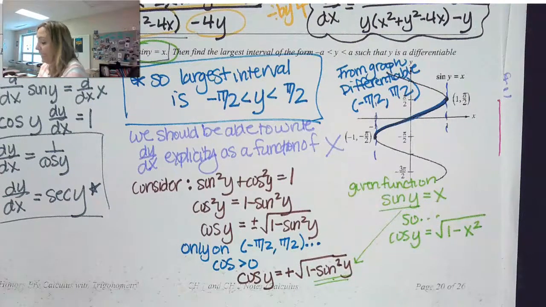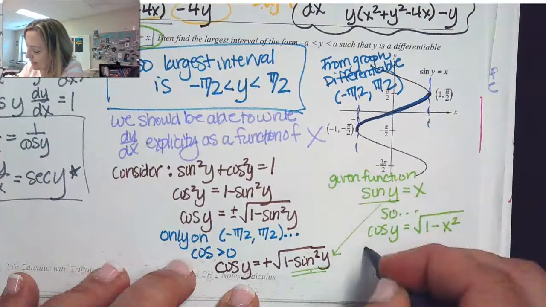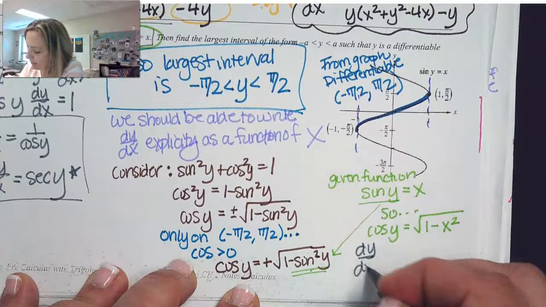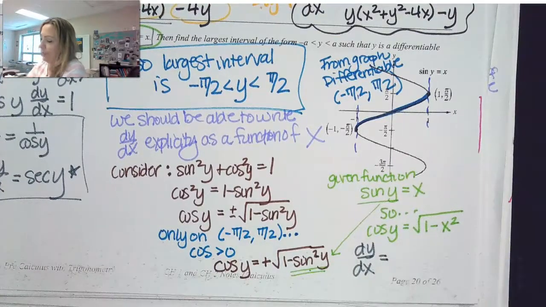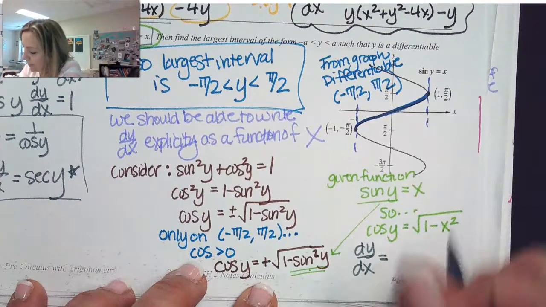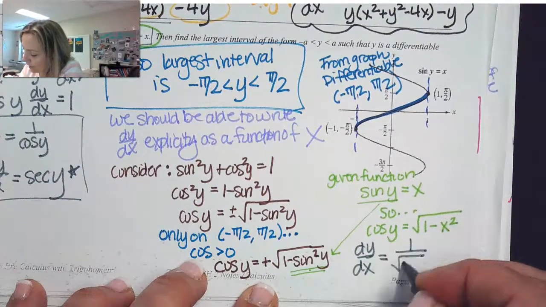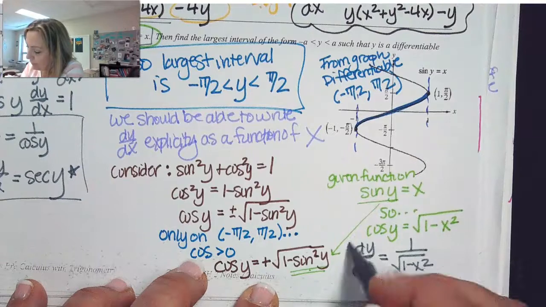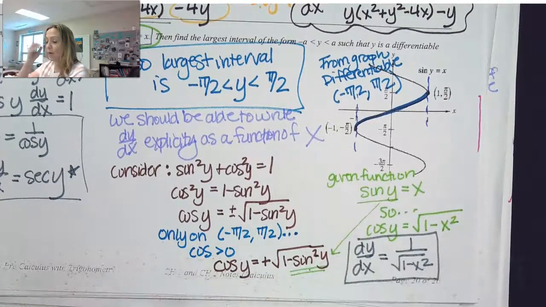That means that our dy/dx is going to be the reciprocal of this, right? Because secant y is the reciprocal of cosine of y. So our dy/dx can really be rewritten as 1 over the square root of 1 minus x squared.